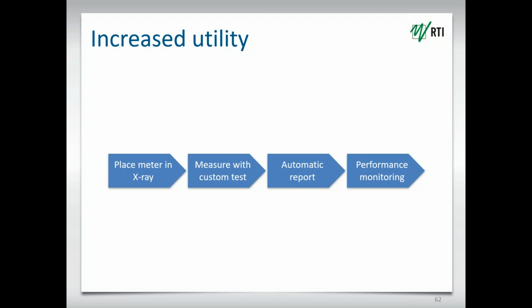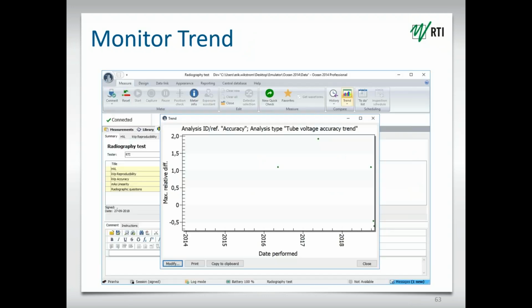So they can predict and anticipate the need of a service or a tube change or a generator modification or an upgrade before it's a panic situation, and that saves time and saves downtime and also, of course, money. That is the possibility of using the trend functionality in the Ocean software, which is a possibility of looking at and trending on different values.